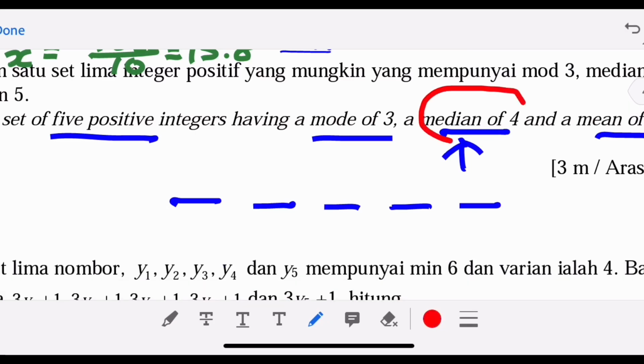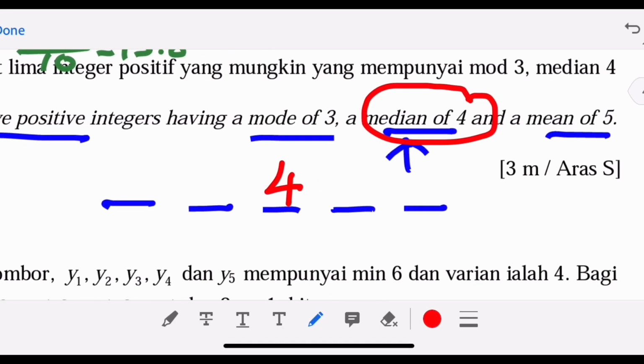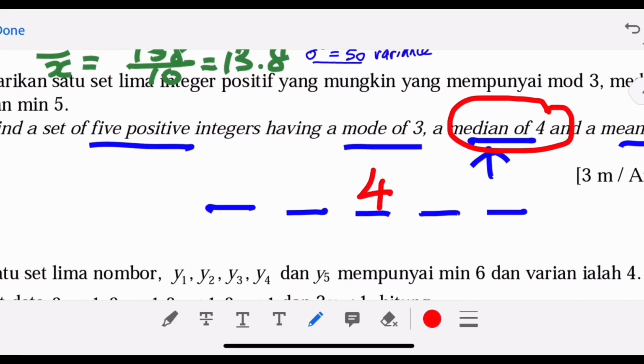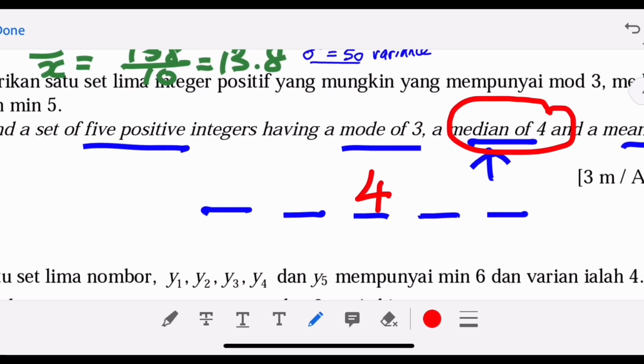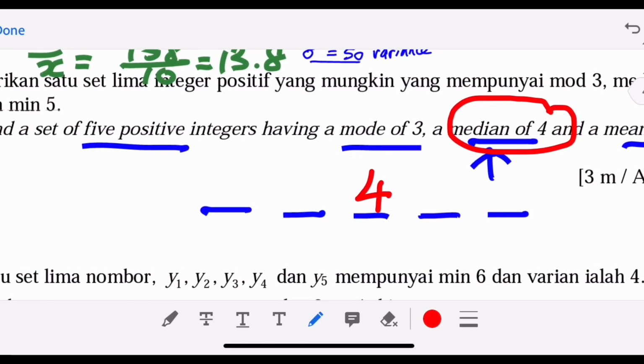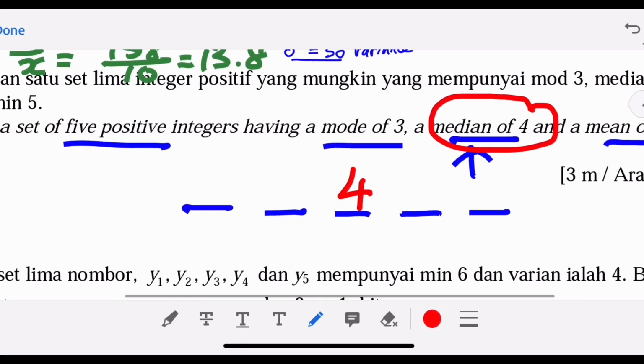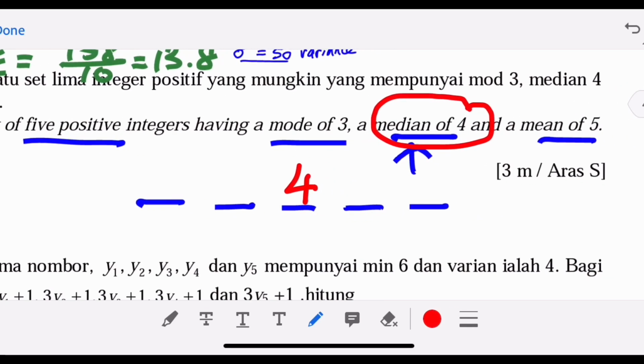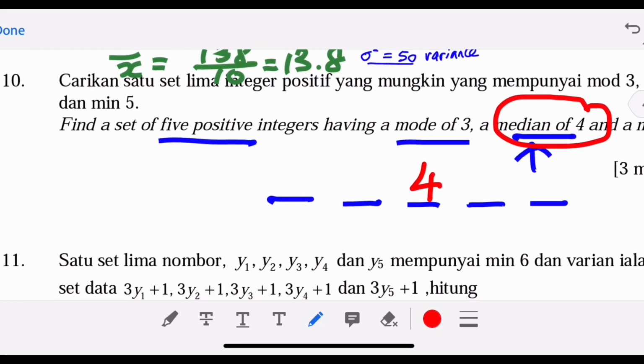Alright, so we will start from the median. We will just fill in the 4 first at the middle, that is the median, because according to the question you are asked to list the 5 numbers, whereby the median is 4 and the mode is 3, and then the mean is 5.